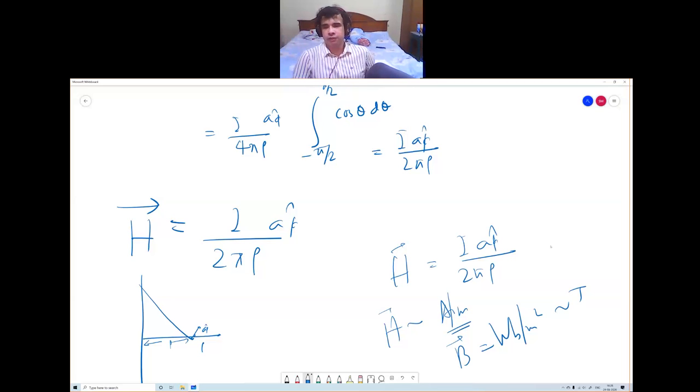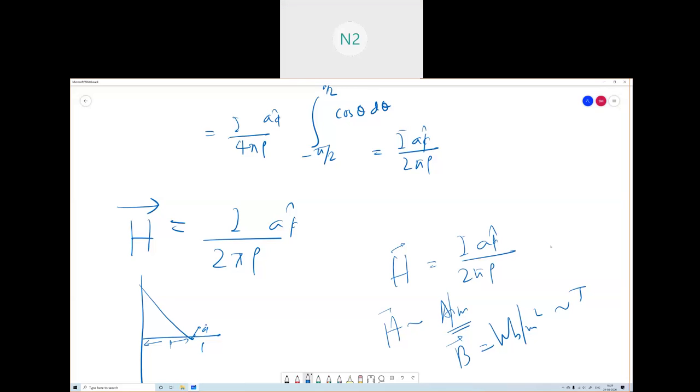So what is H and what is B? Clearly they have different units, so they cannot be the same. What is the difference between B and H? B is magnetic induction, and what do you mean by magnetic induction?